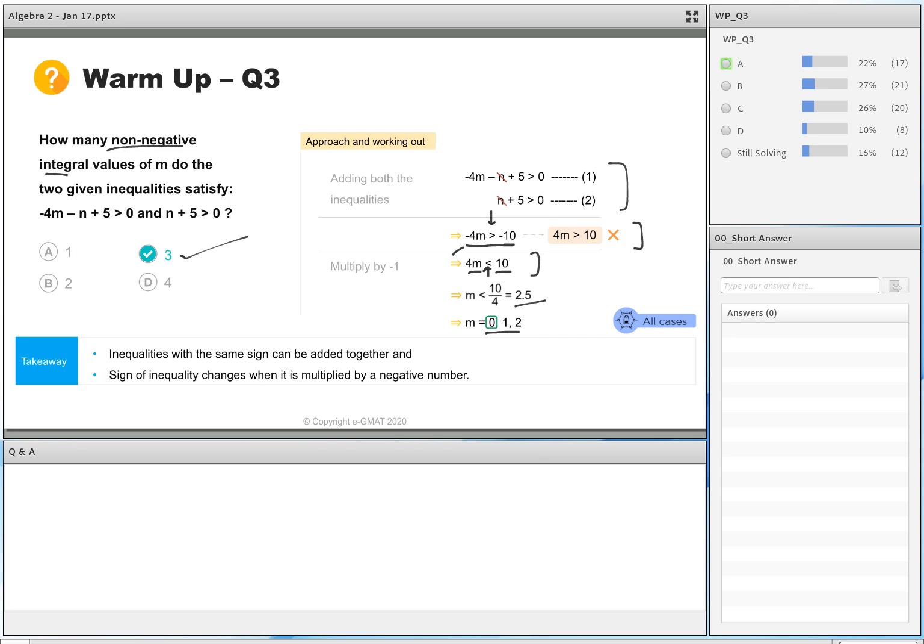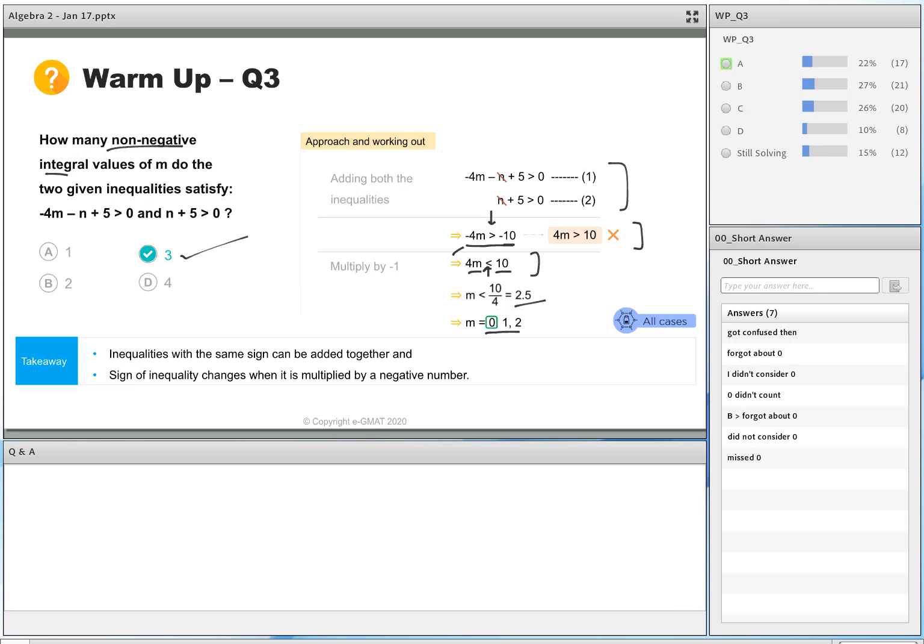Now, people who marked choices A and B as your answers, I'm opening the short answer poll over here. I want you people to tell me, where did you go wrong? Why did you mark choice A or choice B? All right.